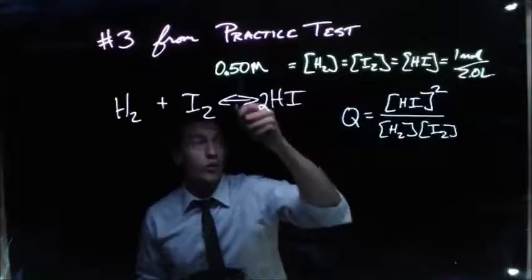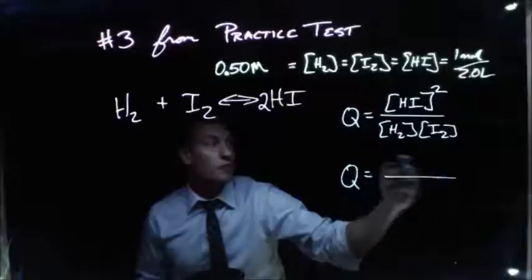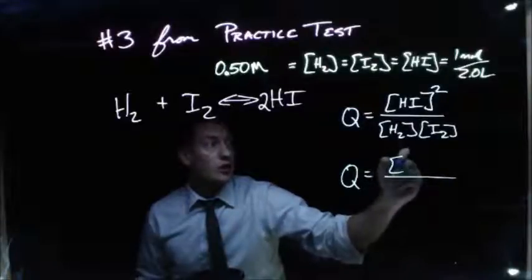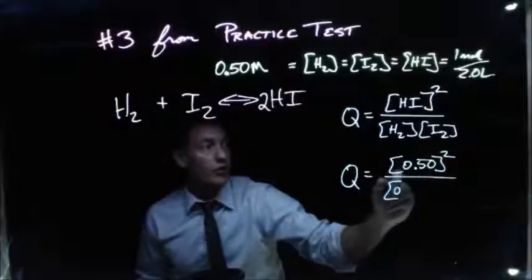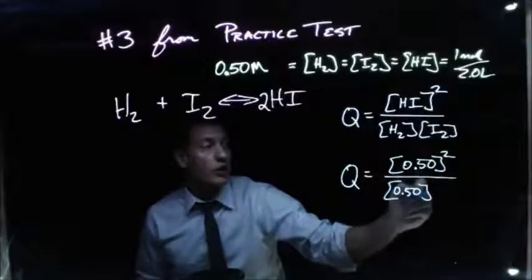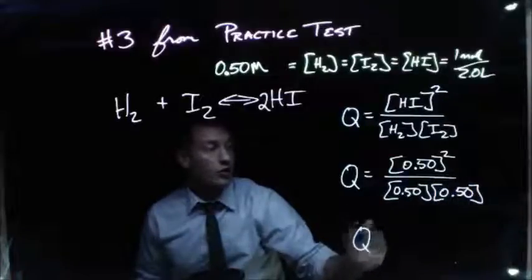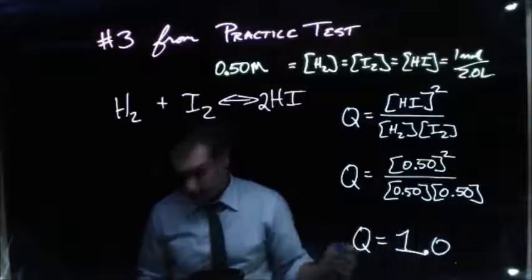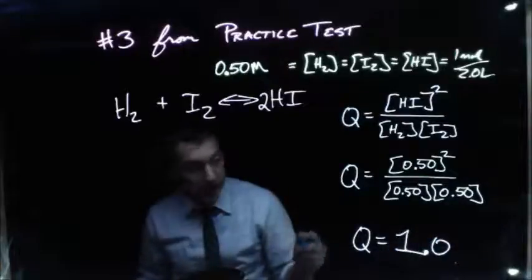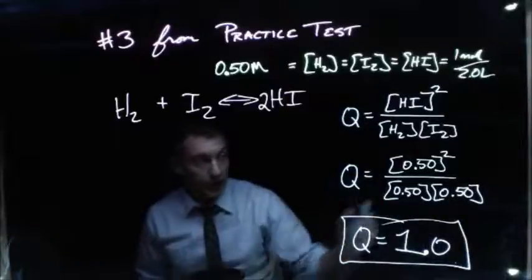Since they are all 0.50, Q is going to equal 0.50 squared over 0.50 times 0.50. And Q is going to equal 1.0. So question A, what is the reaction quotient? There's our reaction quotient.